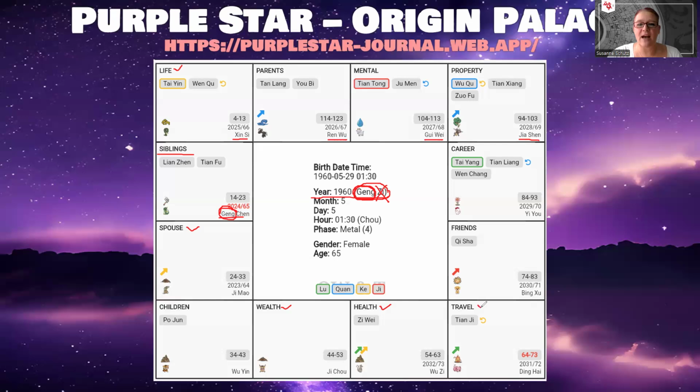Now then we get to the Travel Palace. If you have your year stem in the Travel Palace, the experiences you make in life are the most critical factor in your decision making overall. The more experiences you have, the better you are at finding the right direction in your life. It helps you to look back at past events.